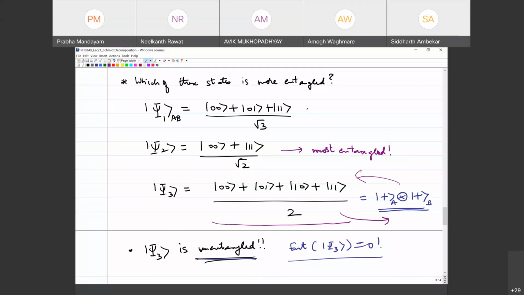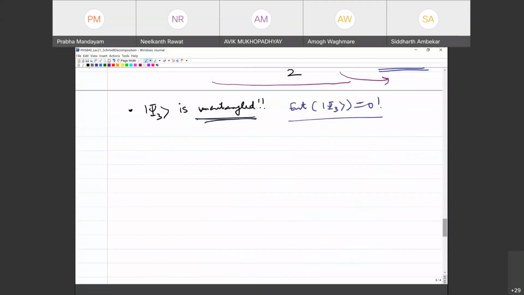But if I had given different weights here, then this is no longer true. Then you no longer know whether you can write it as a combination of 2 product states or not. So this is essentially a basis change. So the key to understanding whether a state is entangled or not is to understand the basis in which the state is entangled.